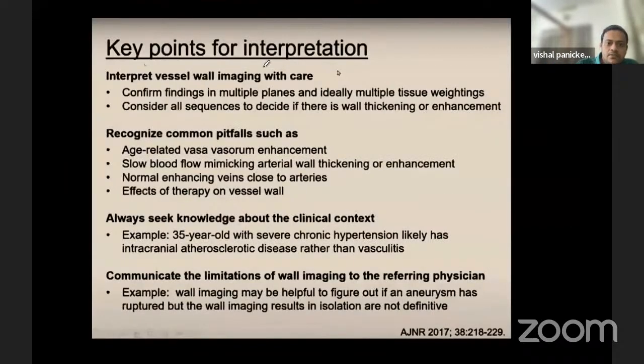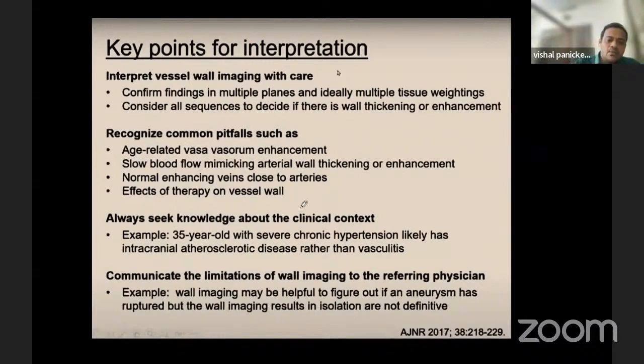So, key points for interpretation. While interpreting vessel wall imaging, confirm the finding in multiple planes, ideally in multiple tissue weightings. Consider all sequences needed if there is vessel wall thickening or enhancement. Recognize common pitfalls like age-related vasa vasorum enhancement. Slow flow can mimic vessel wall thickening or enhancement.